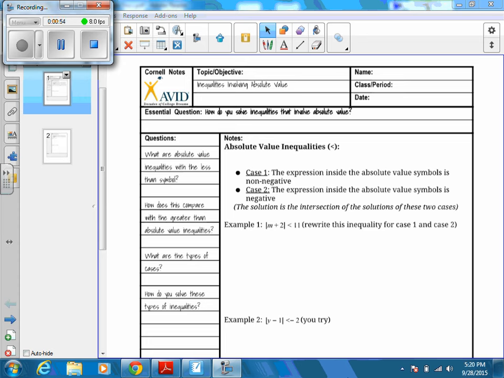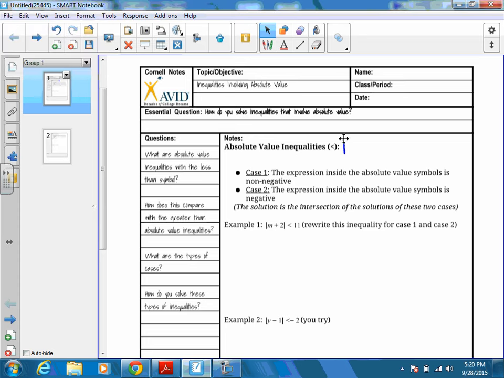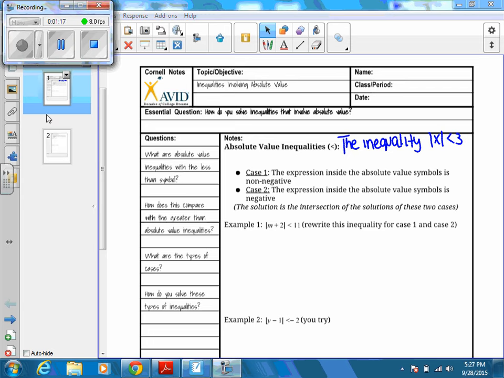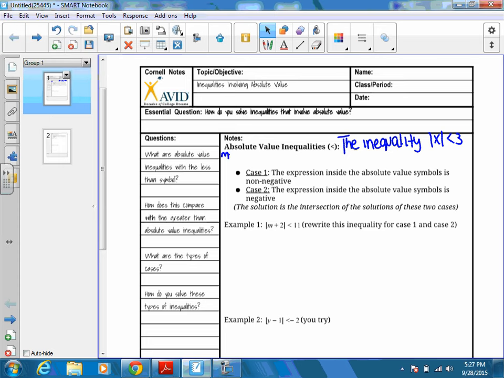So for instance, if I have the inequality, the absolute value of x is less than 3, this means the distance between x and 0 is less than 3.